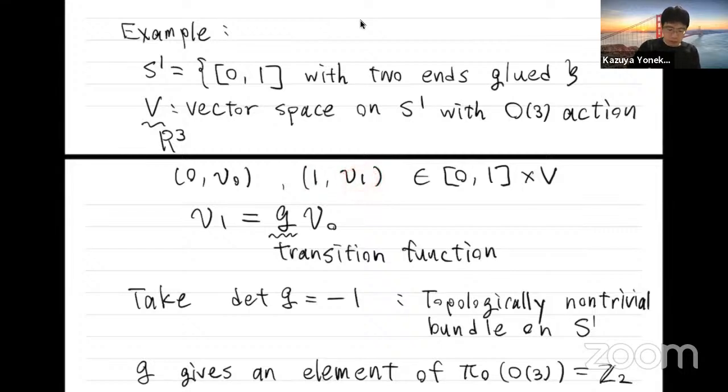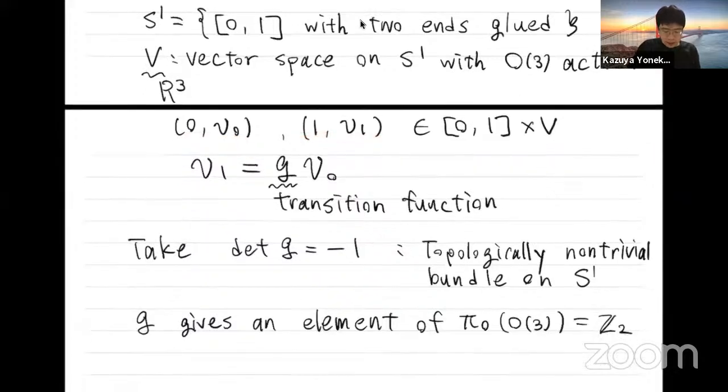Then we want to glue these two fibers. In this gluing, to construct a trivial bundle, we can just set V1 equal V0. Then that is a trivial vector bundle. But we can twist the boundary condition. So in this identification between V1 and V0, we can put some group element.